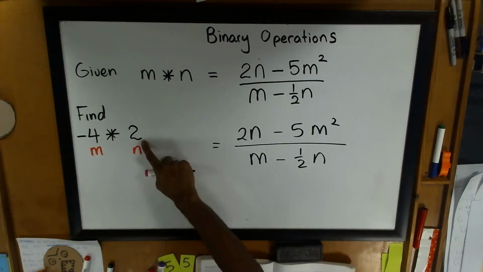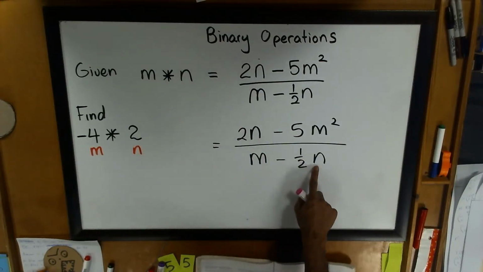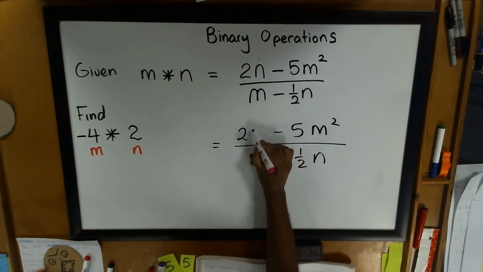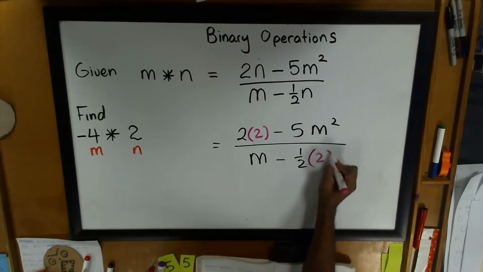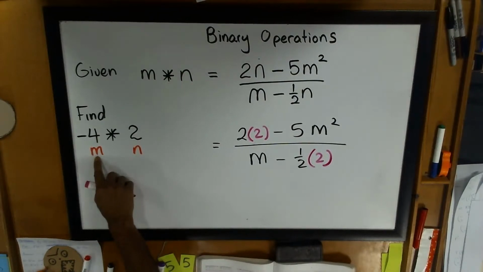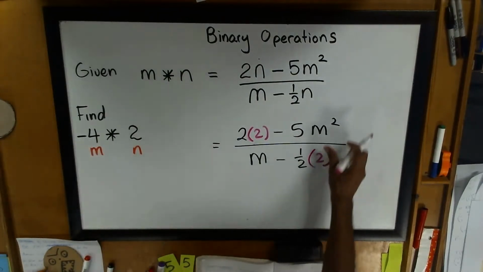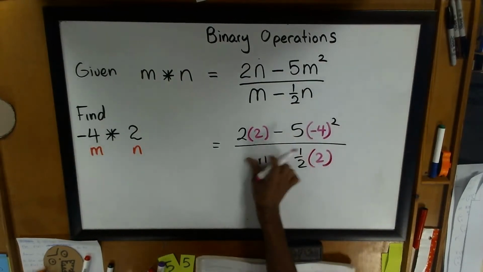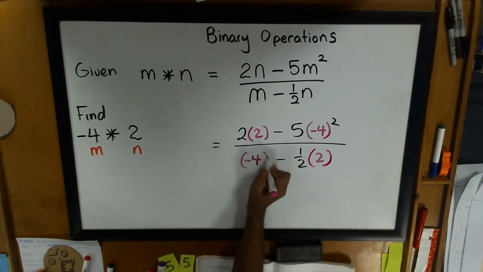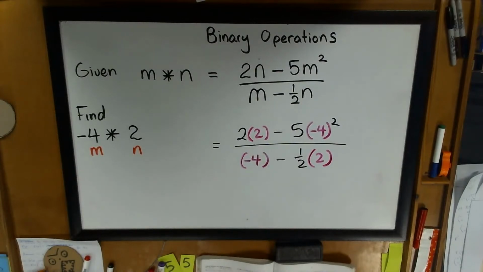Any n is 2. You have an n here and an n here. Let's erase them, replace them with 2. And any m is minus 4. You have an m here, but you have to replace it in brackets. When you replace something, brackets.